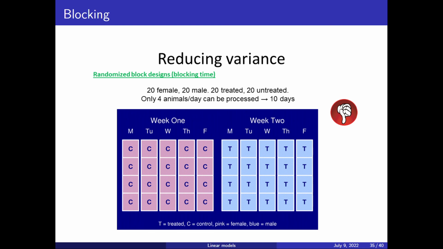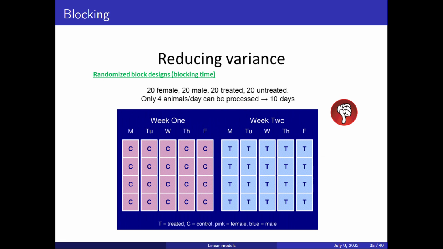And we have 20 females and 20 males, and we are able to process only 4 animals per day because our experiment is pretty long, so it will take 10 days to perform the experiment.